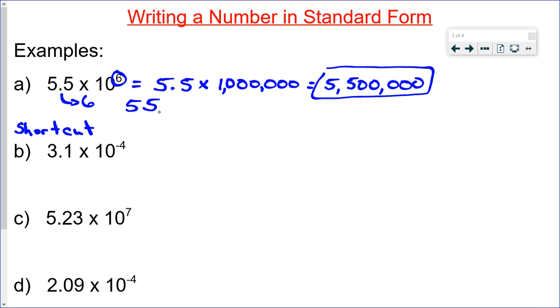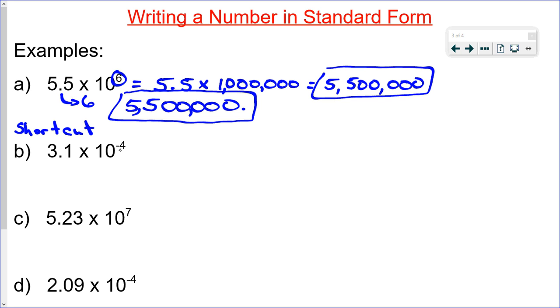Now I need to move it 5 more places. 1, 2, 3, 4, 5, 6. I moved it to here, right? And we end up with the same answer that we got by doing 5.5 times 1 million. So that's the shortcut. The exponent tells you how many places to move the decimal point.